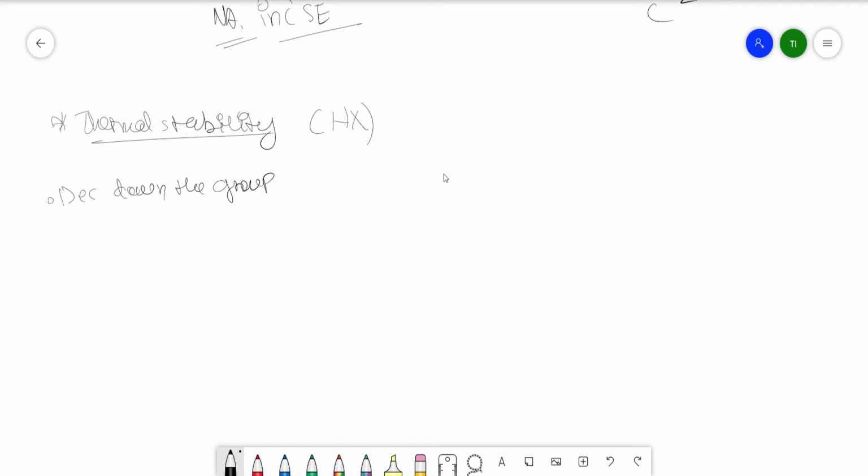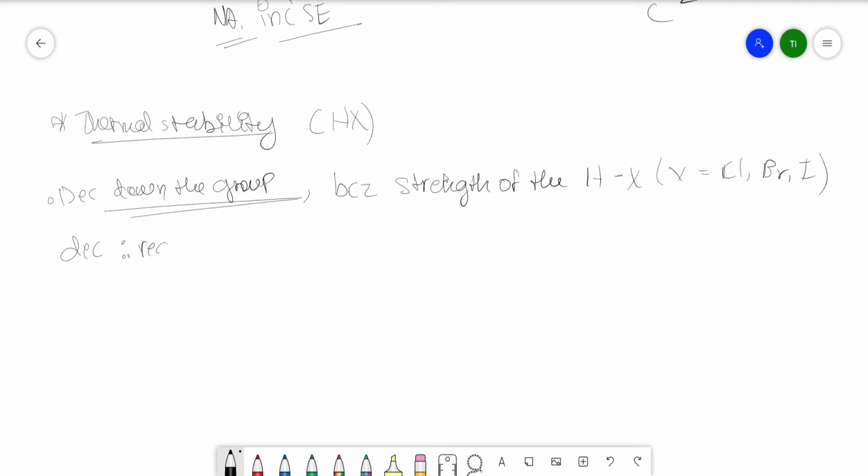And when you refer to this, that it decreases down the group, you should say that because the strength of the HX bond, where X can be Cl, Br, I, right? The strength of the HX bond decreases and therefore requires lesser energy to break. And that is why the thermal stability of hydrogen halides decreases down the group.